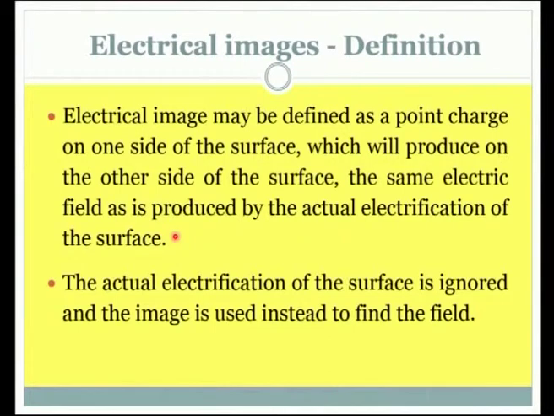As I said, the electrical image will replace the electrified surface or electrified object, any electrified conductor or non-conductor, whatever it is. We are going to learn the concept with two examples in this lecture.